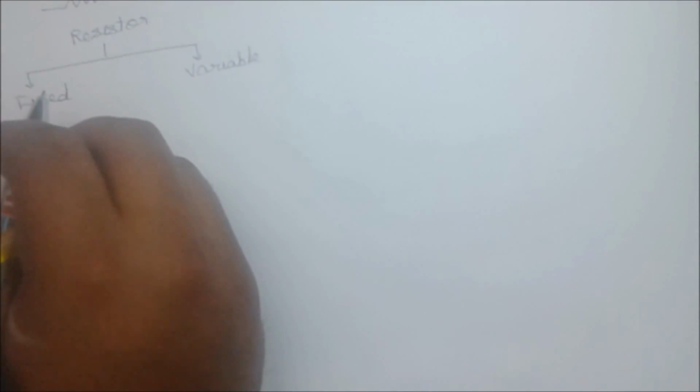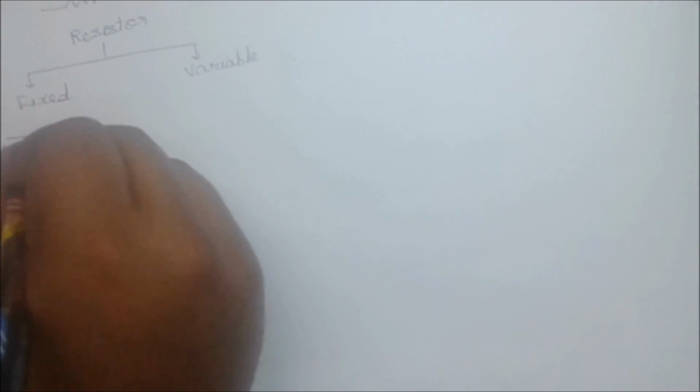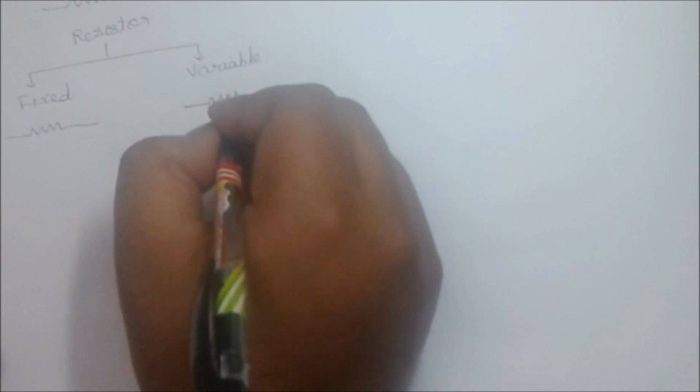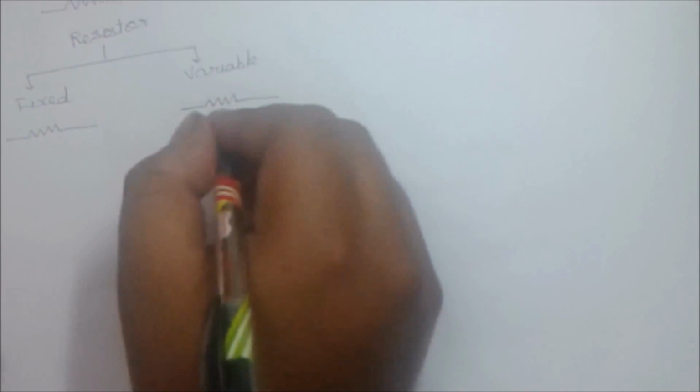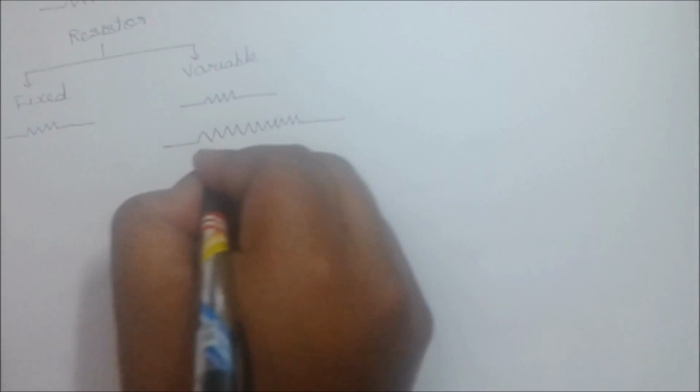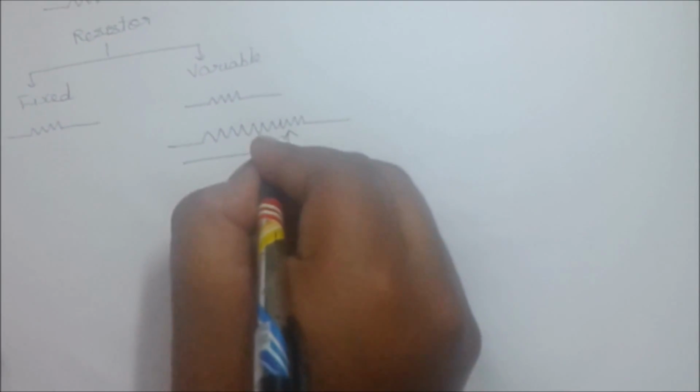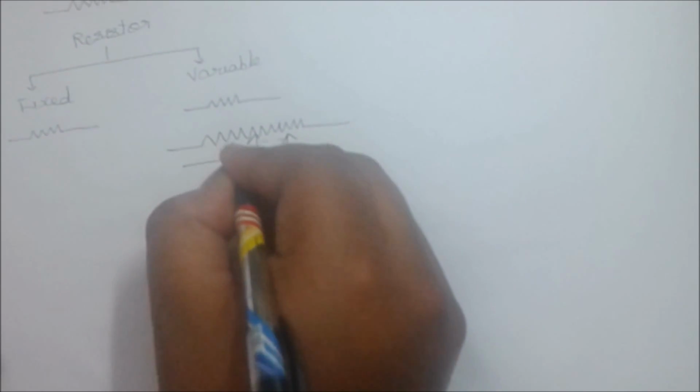Fixed resistors, the value of these resistors is fixed, and variable resistors, we can change the value of these resistors. So these are like long resistors, and there is this connector. We can move this connector to different places to change the value of the resistor.